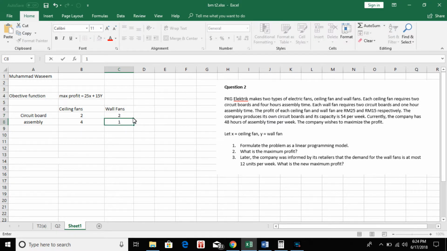2 and 1. So here what is our constraint, what is our limit? For circuit board, its capacity is 54 per week, so it is less than or equal to 54. And for assembly we have a maximum time of 48 hours, so we cannot exceed 48 hours. And we have our profit maximization.